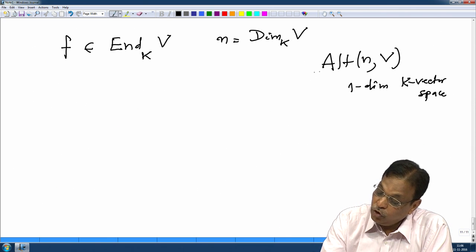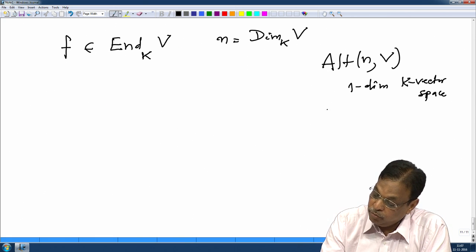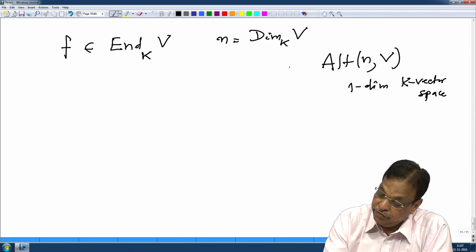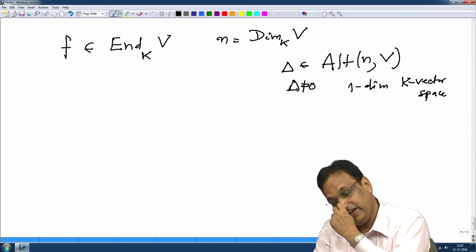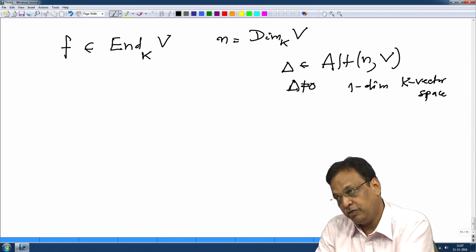Therefore, if delta is here and delta is non-zero, then this delta will be a basis. Any non-zero vector in a one dimensional vector space is a basis of that vector space.